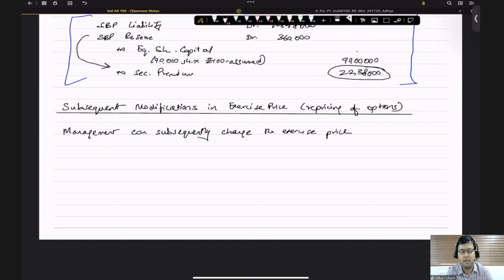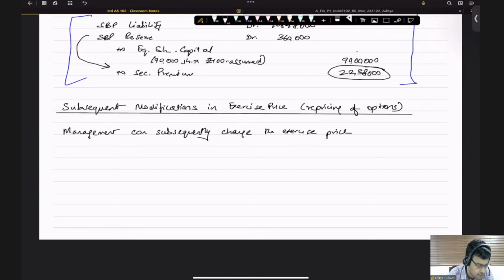If you give a useless modification, nobody will exercise it, and because nobody exercises such a modification, we will ignore that. So our main requirement is to consider those modifications which give rise to an incremental fair value of the option on the modification date being positive. So what is that incremental fair value? We will see just now.